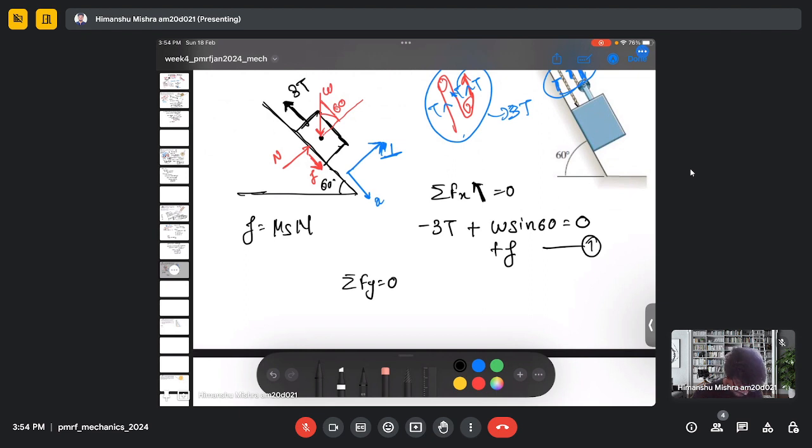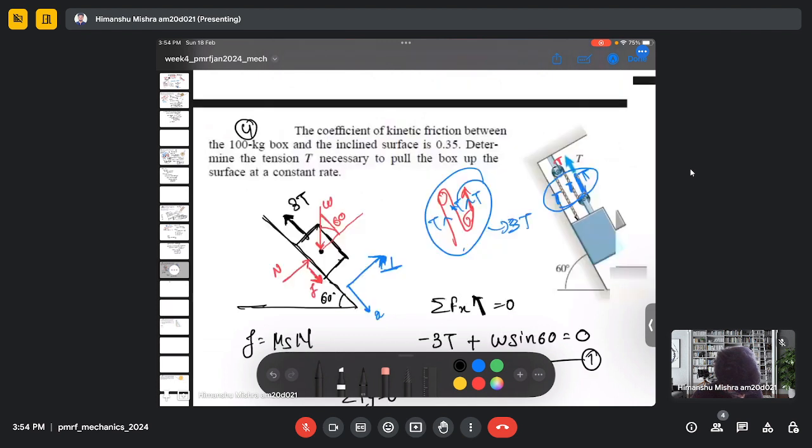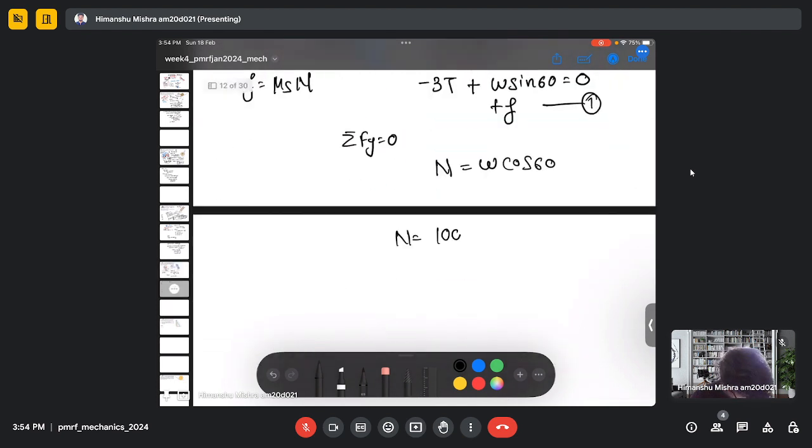So it will be N equals W cos 60. So my N will be 100 times 9.81 cos 60. So my N will be 490.5 Newton.